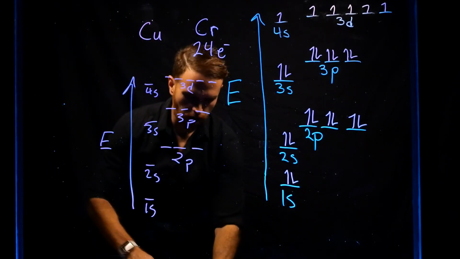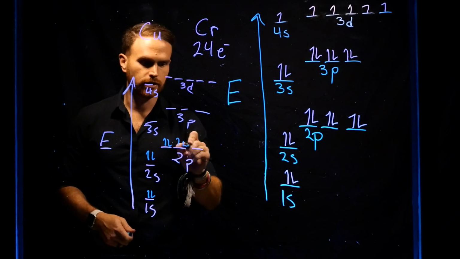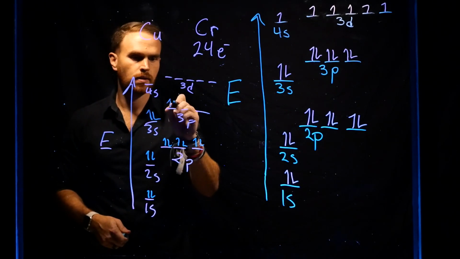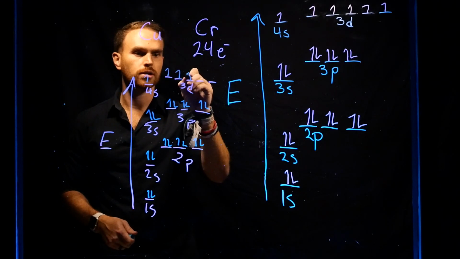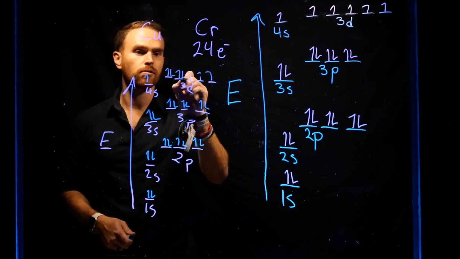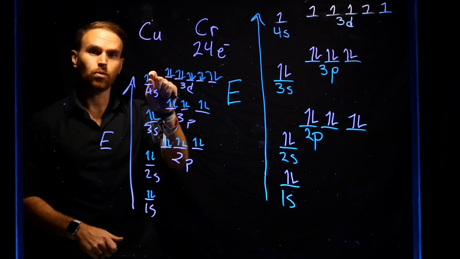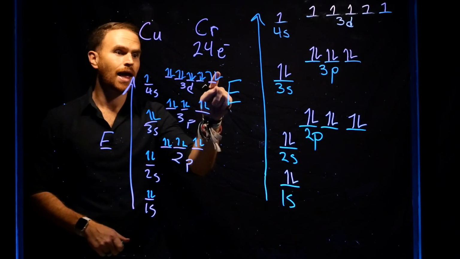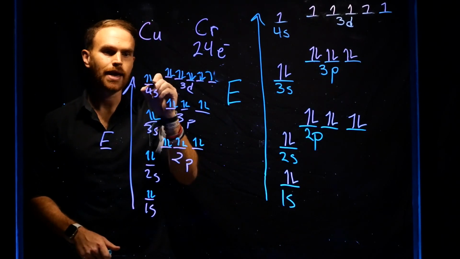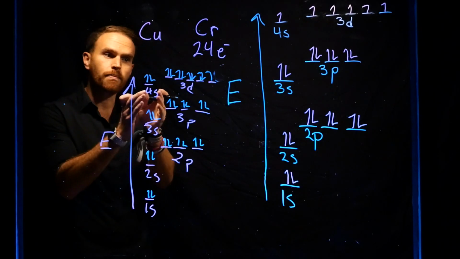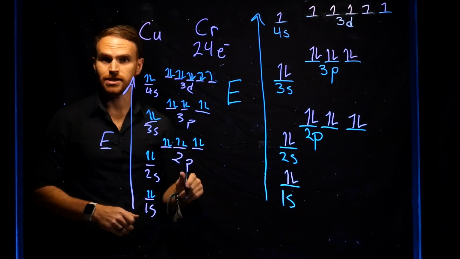If you were to look at copper, what you would see is that you can generate an electron configuration where you can actually completely fill the 3d orbitals simply by taking one of the electrons and placing it there. And this is in opposition to what you may have done previously, where you may have left a single unpaired electron in the 3d orbital.